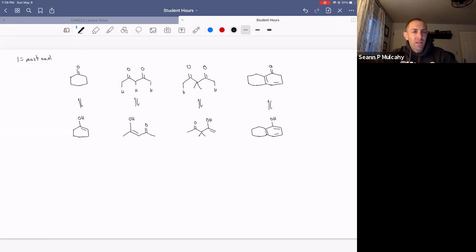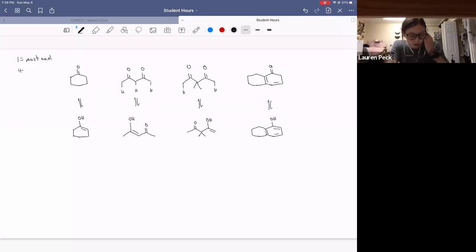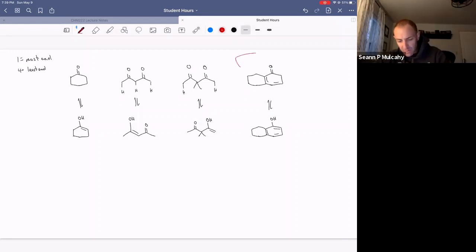What's an enol form, or can you find a couple of enol forms that are really good or really poor, or they might be similar to one another? Would the aromatic ring have the most enol? Okay, so we're talking about this one right here.